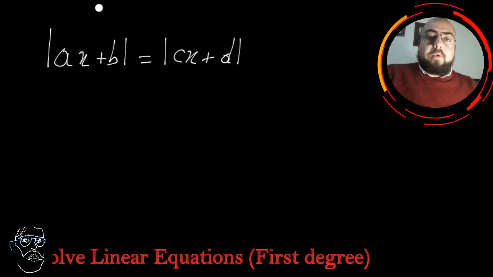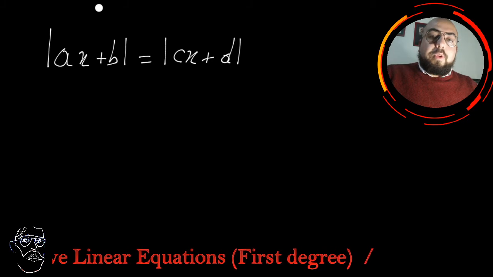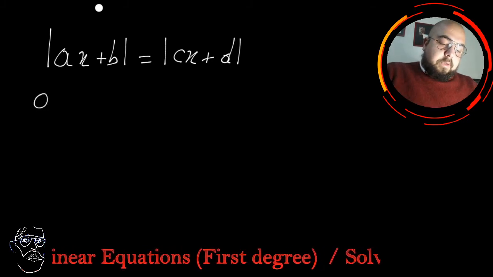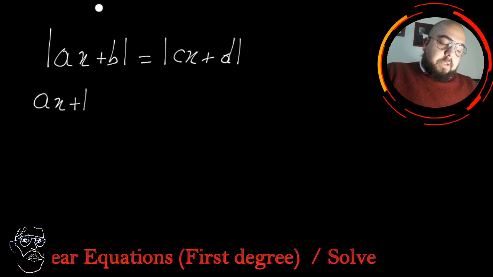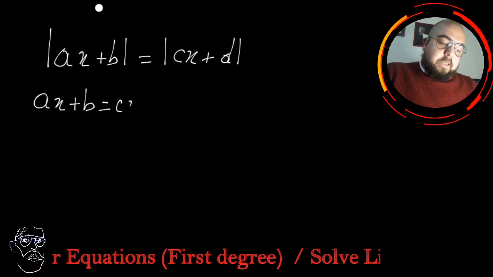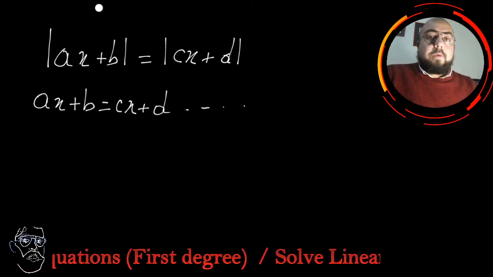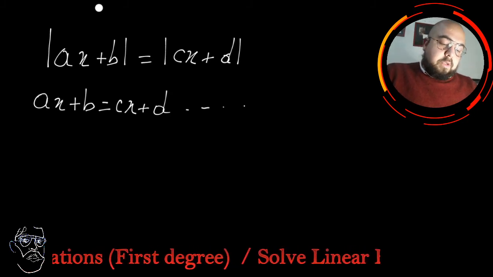So what you should be doing next is, in the first place, you say ax plus b is equal to cx plus d, and you simply continue solving it, a first degree linear equation.